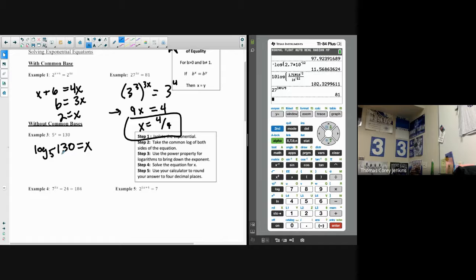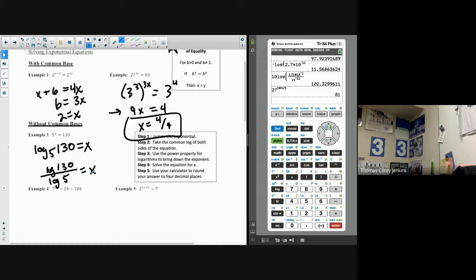So 5 to the what power equals 130? Well, we learned last lesson that we can use the change of base formula to answer this. If we look back at 7.4, this would be equivalent to log of 130, now changing it to that common base of 10, over log of 5 equals x.